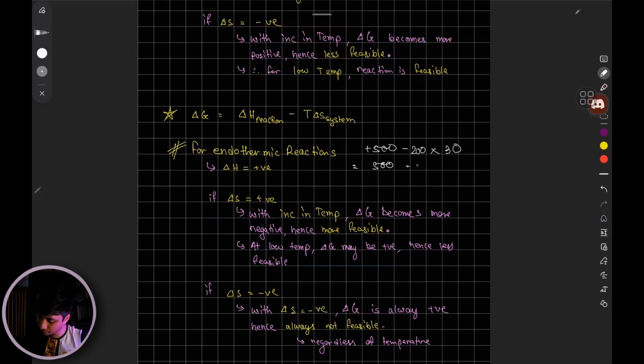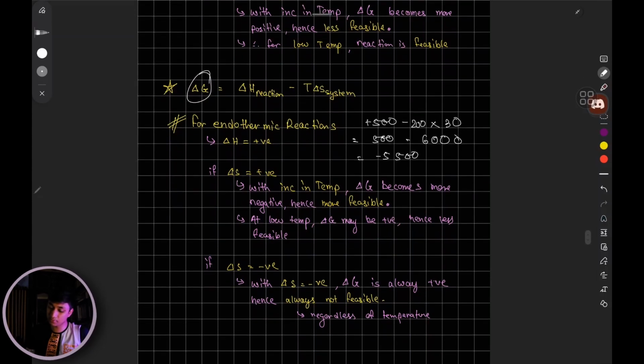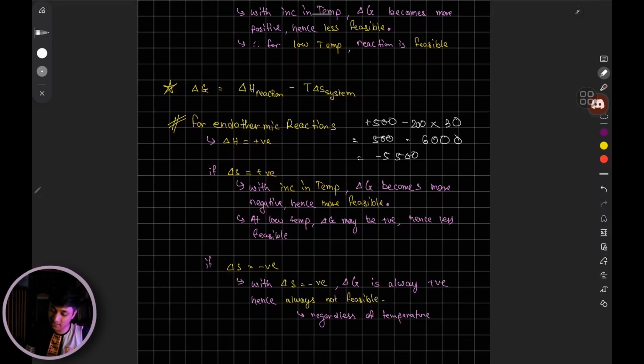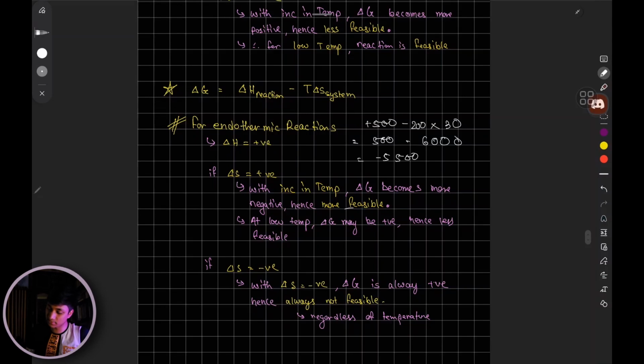So 500 minus 6,000 is going to give you negative 5,500. So as you increase the temperature to 200 Kelvin, the reaction now has a negative change in Gibbs free energy. Therefore, as you increase the temperature, in case of a positive entropy value with an endothermic reaction, your reaction becomes more feasible. With increase in temperature, del G becomes more negative, hence more feasible.